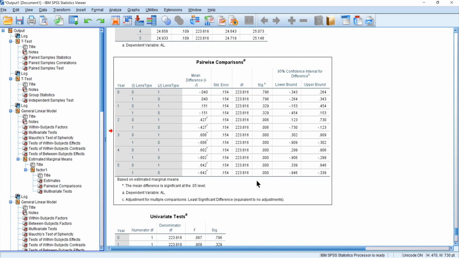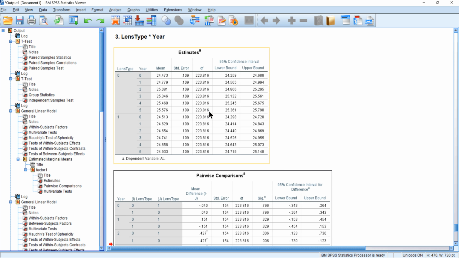Now, if we were doing this, is there a way to do it without calculating independent or paired t-tests? Actually, yes there is, but that's not a bad way to do it. Once you have established that you have a significant interaction effect, it's legitimate for you to go and compare things across years.